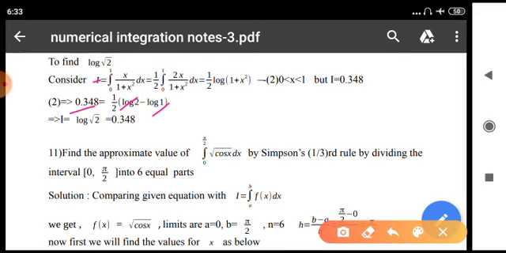So log 1 value, we know that log 1 is 0. So for log of root 2, we can write 1 by 2 times log 2 as log of root 2 by using the property n log a is equal to log a to the power n. So log root 2 we will be getting 0.348.